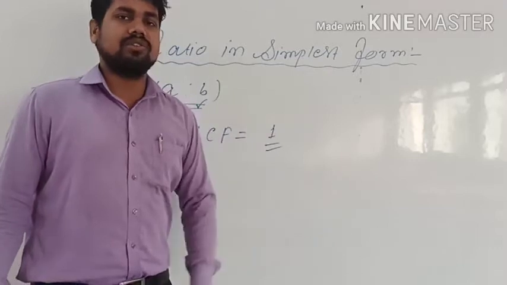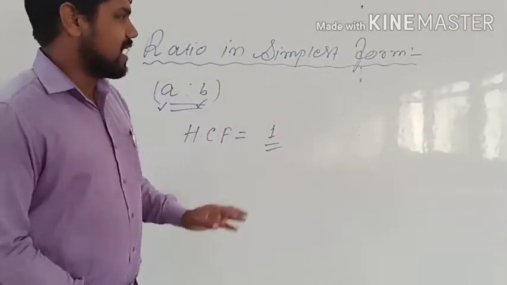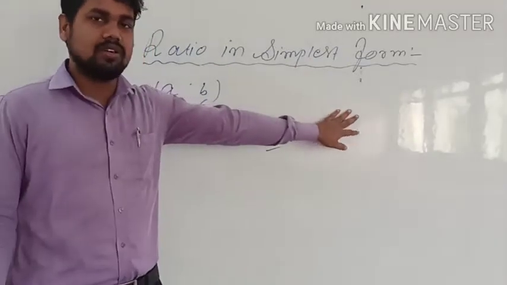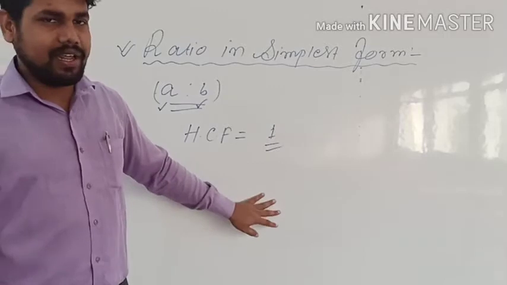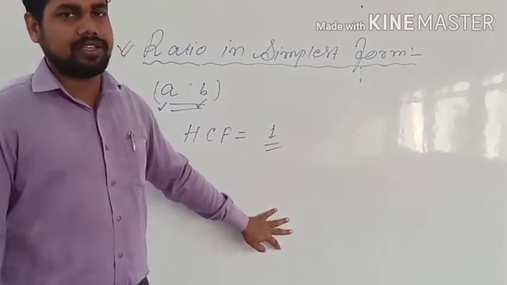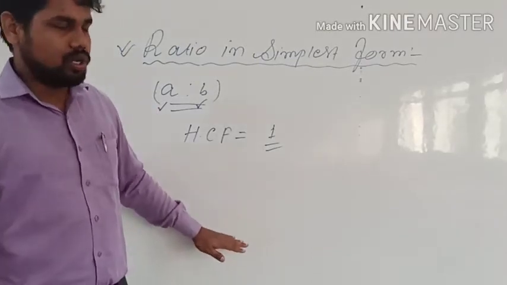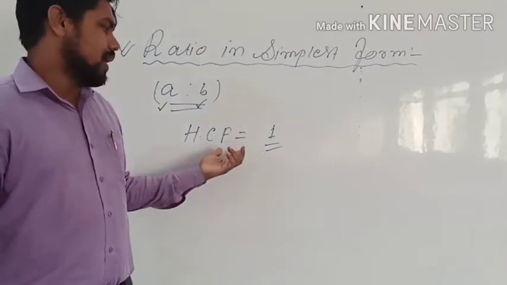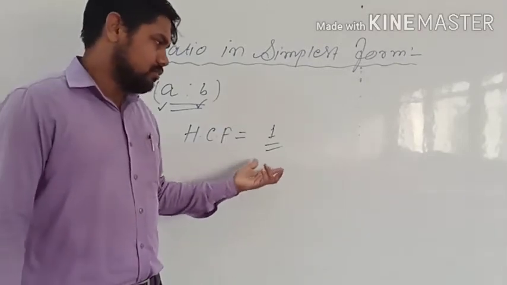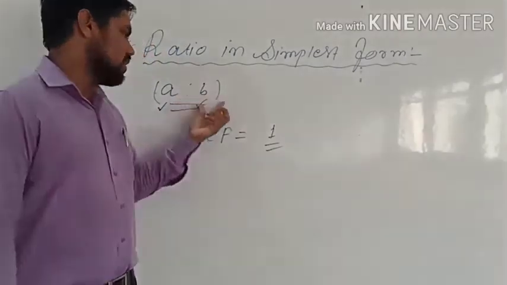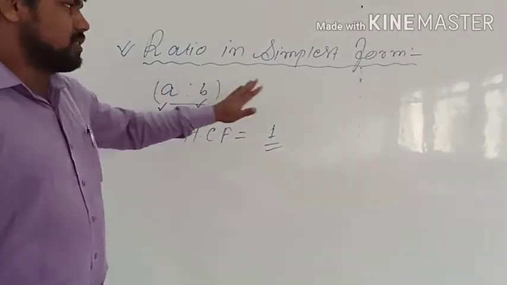If any ratio is given and it is asking to reduce that into the simplest form, that means you have to reduce that into a form wherein finally the HCF of the two numbers of the ratio is 1. Then we can say that ratio is in simplest form.